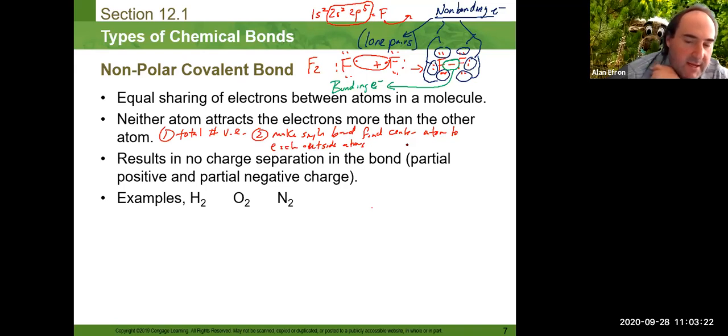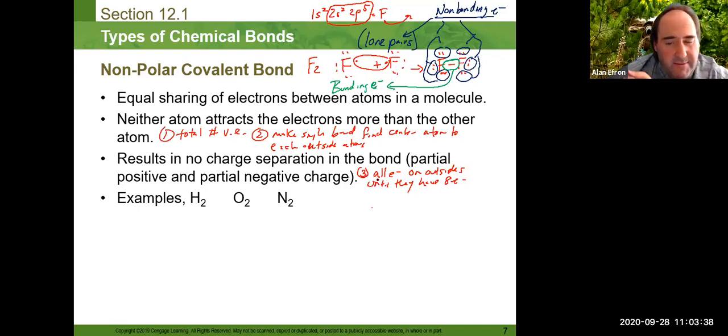And once you do that, you then want to put all your electrons on the outside atoms until they have 8 electrons, as 8 is a very important number, as we'll talk about a little bit as well as the octet rule. And they do go on in pairs. So let's just see how that works for these simpler ones here.